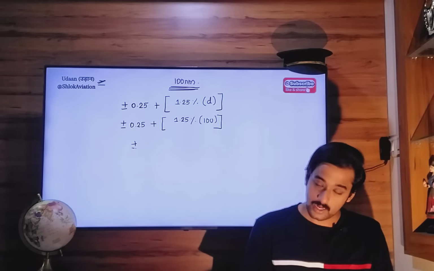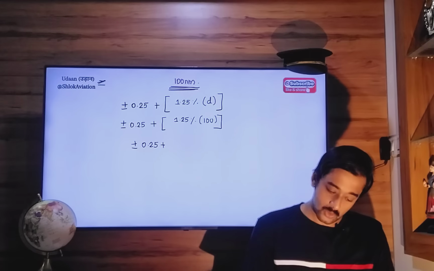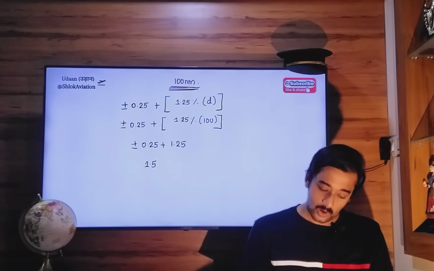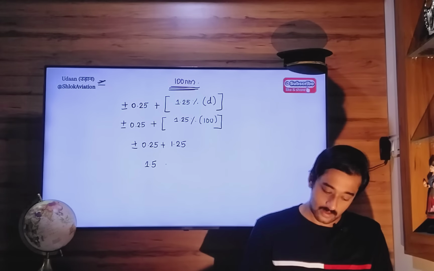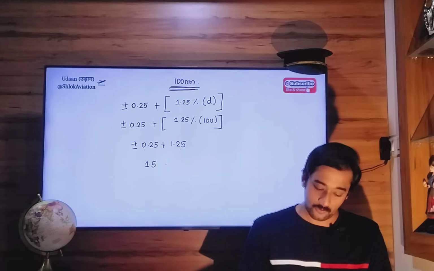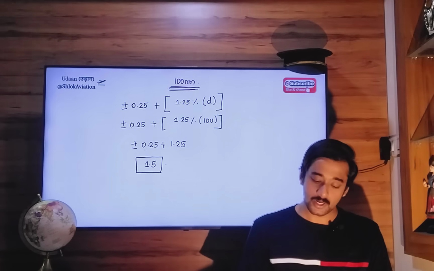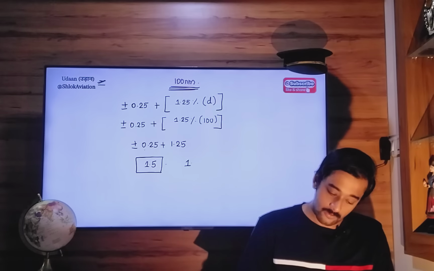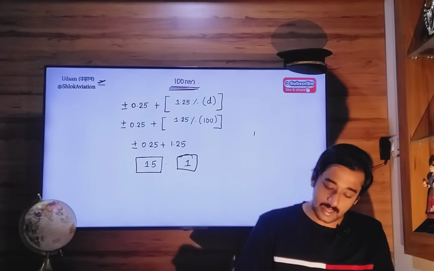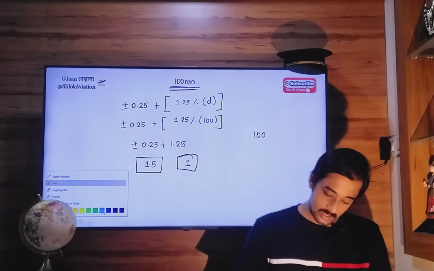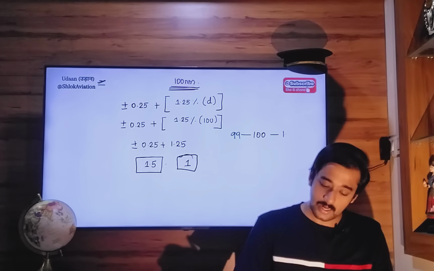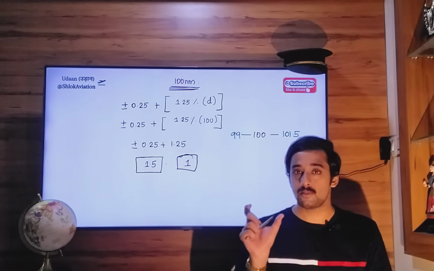That is equal to plus minus 0.25 plus 1.25, so it can be 1.5 or it can be 1. If you add 0.25 plus 1.25, you get 1.5. If you subtract 0.25 from 1.25, you get the value of 1. So your DME can vary between 99 and 101.5. This is the acceptable range.